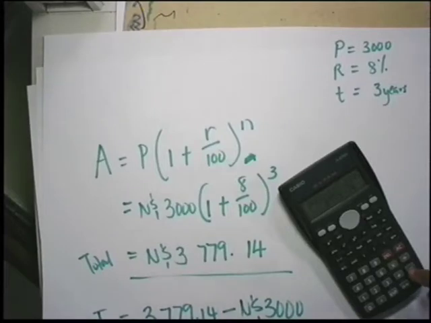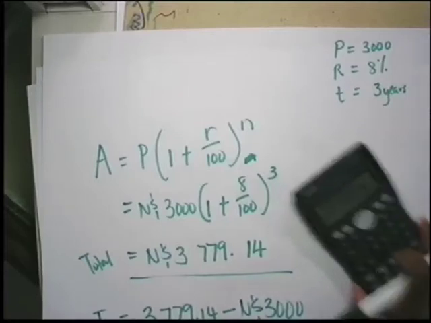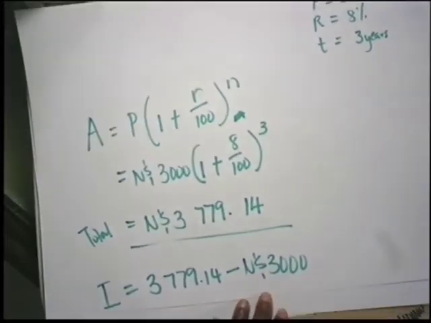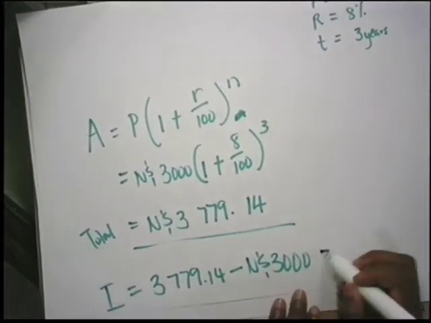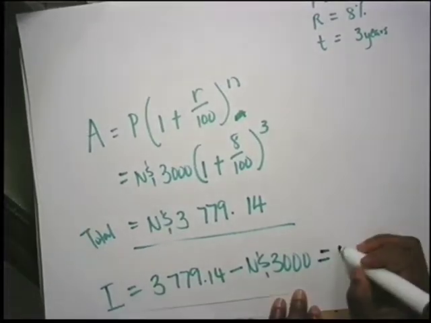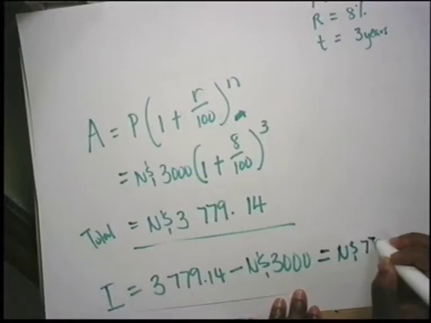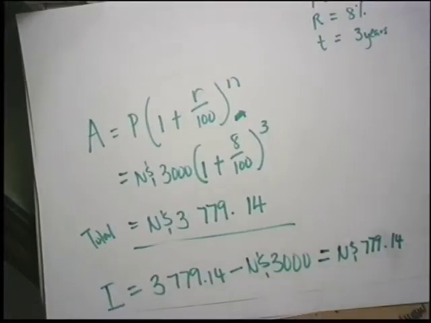So you subtract the 3,000 there. How much will you get in this case? It will give us 779.14. Alright, that is our answer for that one.